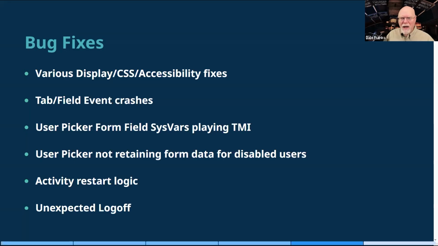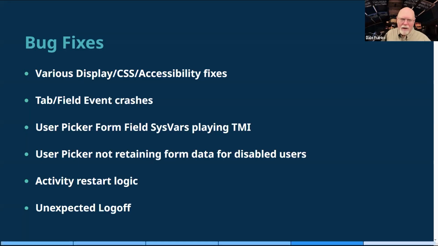Another problem with activity restart logic, some activities were showing as having been restarted when they weren't. So the process timeline was kind of losing track of these activities. And you would never see it unless you had a specific configuration. I don't remember off the top of my head what the configuration was.